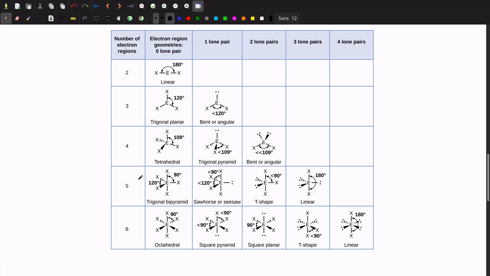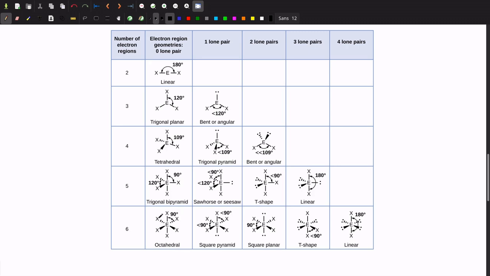So we need to come down to 6, and then we need to come over to the one that has 0 lone pairs. Okay, so everything with a steric number of 6 is going to have an electron geometry of octahedral, just like everything that has a steric number of 5 is going to have an electron geometry of trigonal bipyramidal. But in this case, where we have 0 lone pairs, the molecular geometry is also going to be octahedral.